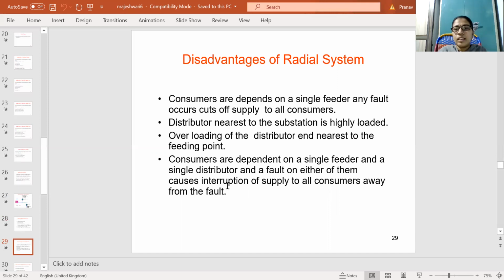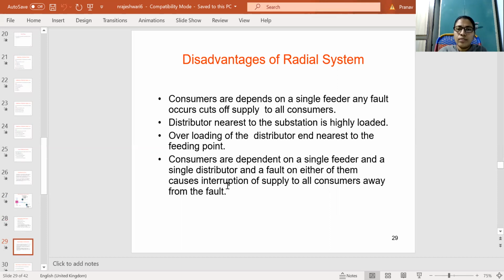So the distributor nearest to the substation is highly loaded, because if the feeder takes any fault, the supply will be cut off, and the distributor nearest to the substation will be highly loaded with all the consumers.